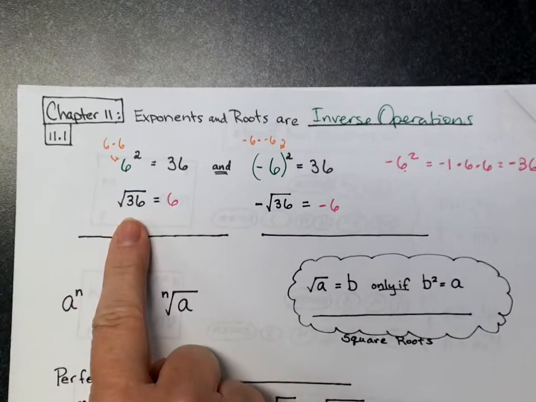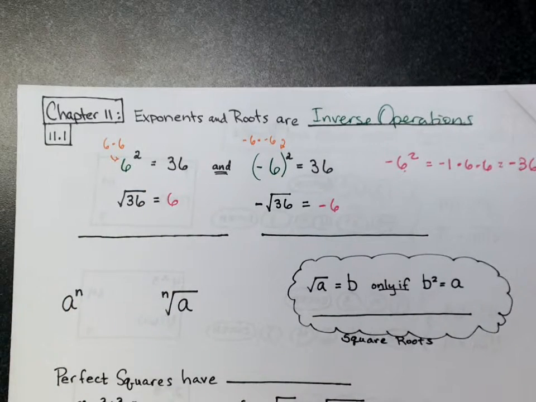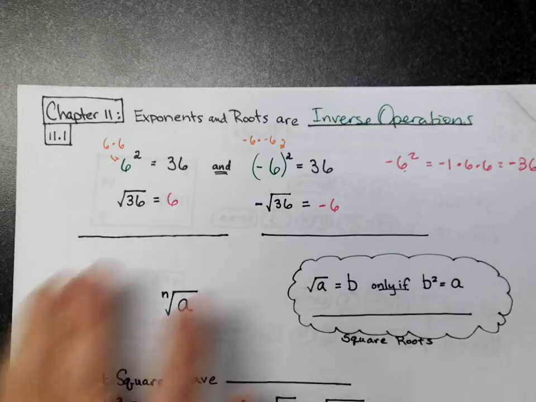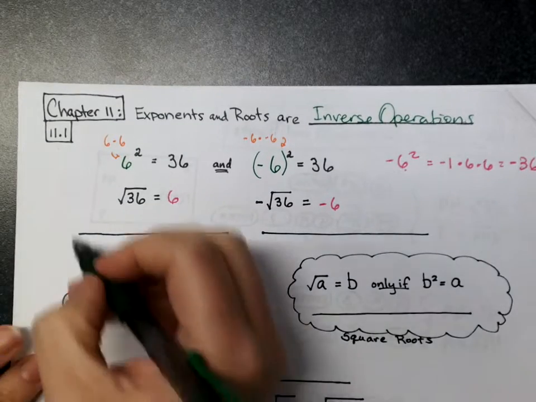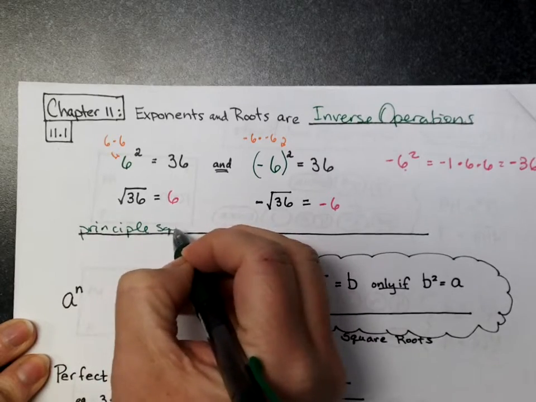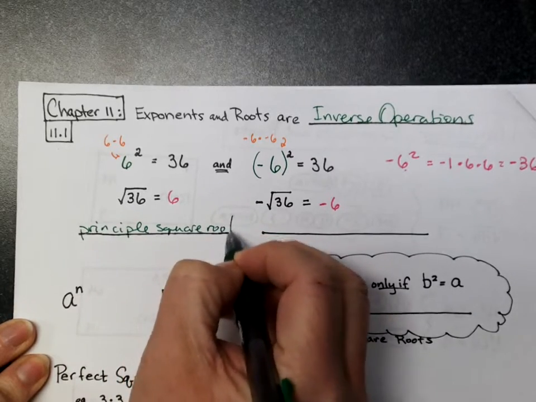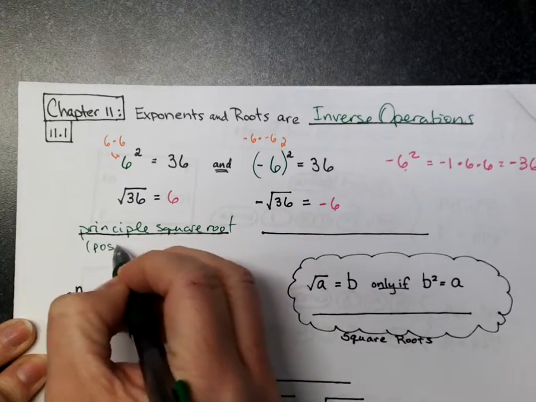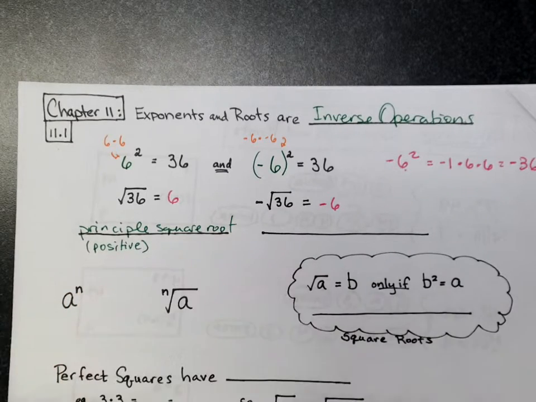If we just write it like this, we always assume that we want the positive answer. Okay? That's the go-to. That's the default, the assumption. We assume this is what's called the principal square root. Okay? Principal, also known as the positive square root. And principal meaning that's our go-to, that's our default, that's what we assume.